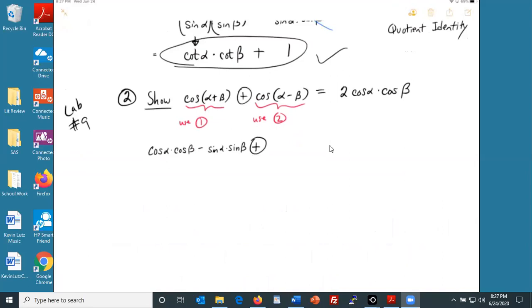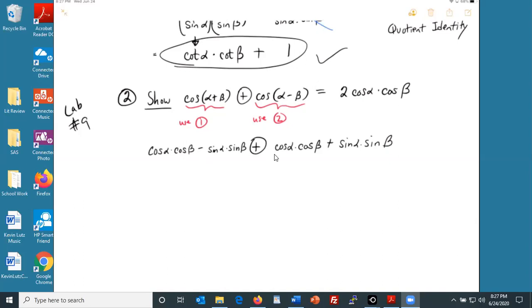So that plus sign drops down. Cosine of alpha minus beta, sub it in, would be cosine of alpha cosine of beta plus sine alpha sine beta. That step is just from substituting in formulas 1 and 2 for the above terms on the left side.